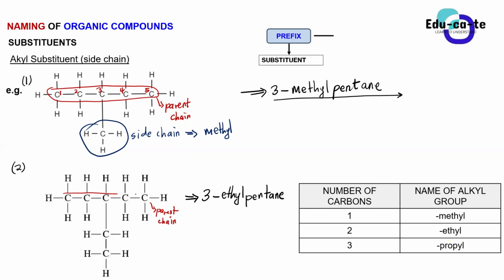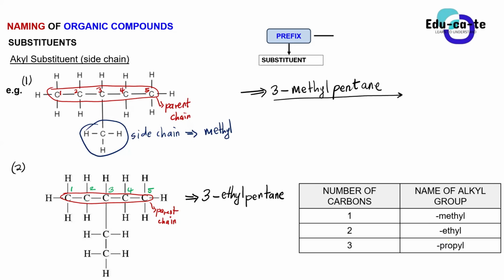Okay, so here we can see that we can number our carbons, but which way is the right way of numbering the carbon? Should we number them from left to right or from right to left? Either way, sir. Either way is the same, because if we number them from left to right, this is going to be carbon 1, carbon 2, carbon 3, carbon 4, and carbon 5.